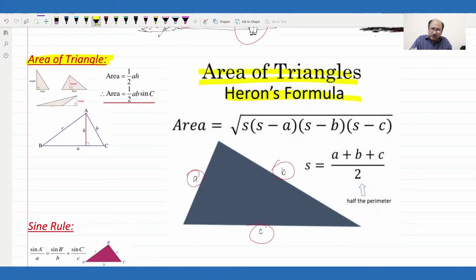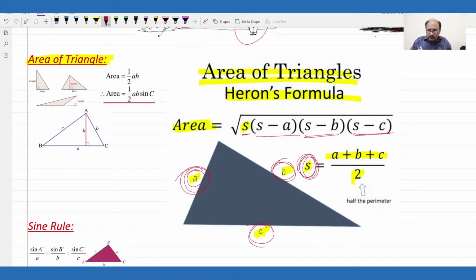Area will be equal to the square root of S into (S minus A) into (S minus B) into (S minus C). Now what is S? You need to calculate S first. S is A plus B plus C: you add all three sides and divide by 2, and this will be your S value which you will use in the formula. S minus A is this side, S minus B is this side, and S minus C is this side.